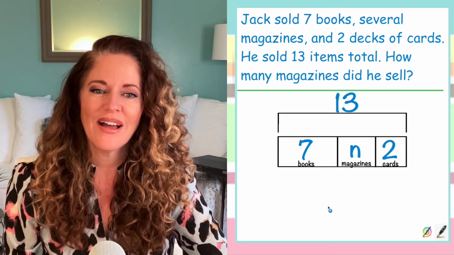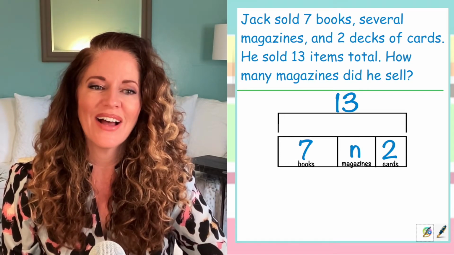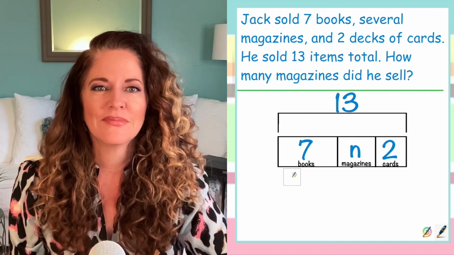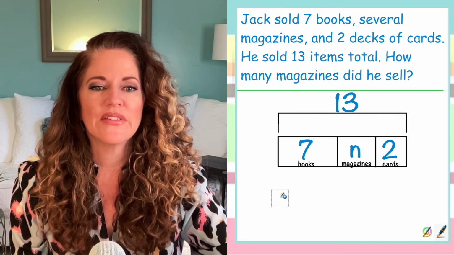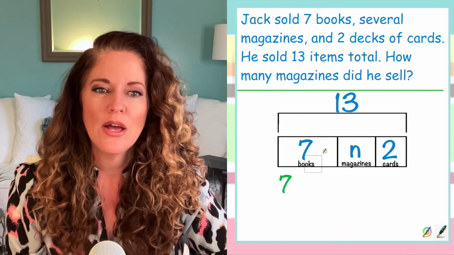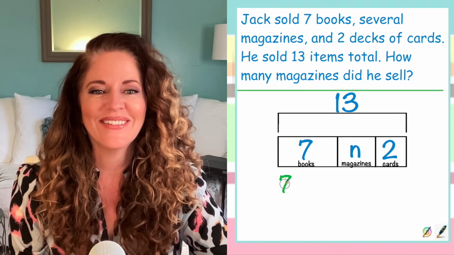Now take a look, guys, because there's something a little different here. I've got my 3 parts, but notice how my N is right in the middle of them. Let's go ahead and look at our equation. If we started off with 7 books, that's the first part of our equation, plus he sold some magazines, so do you know what's next?